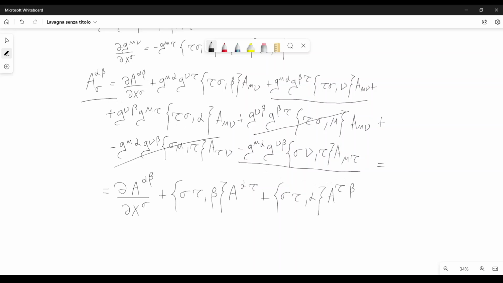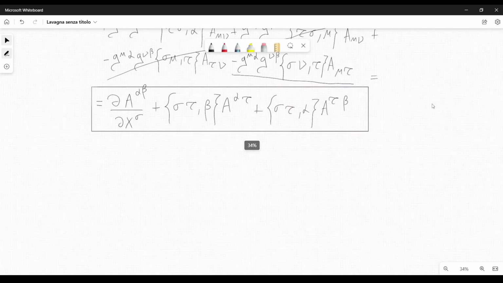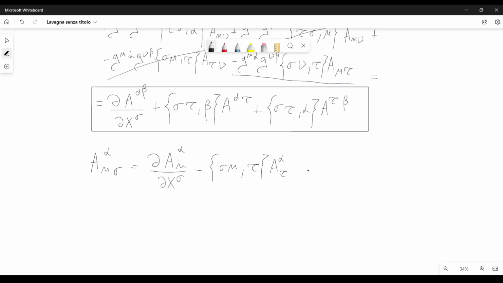Now we found this formula, and in a very similar, analogous way, we can also derive this formula: A^α_{μ;σ} equal to the derivative of A^α_μ with respect to x^σ minus Γ^τ_{σμ} A^α_τ plus Γ^α_{στ} A^τ_μ.